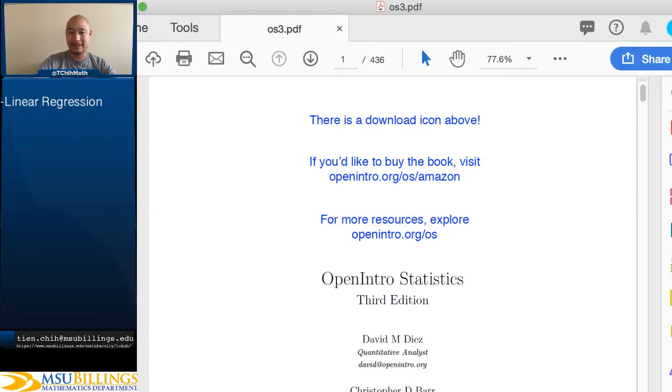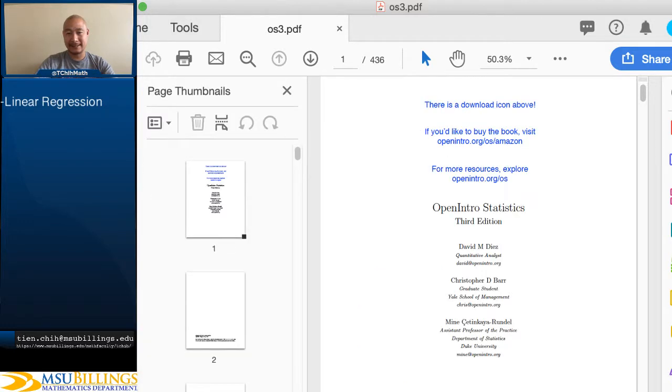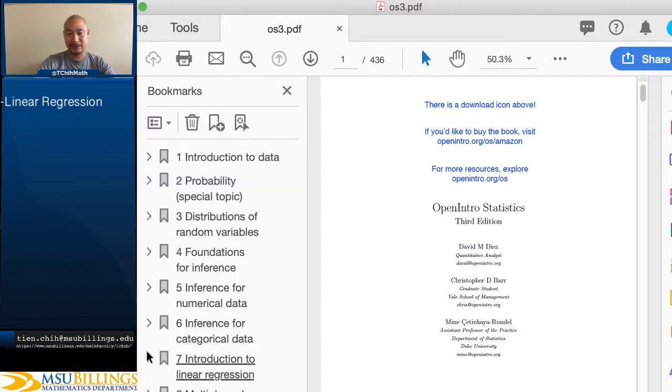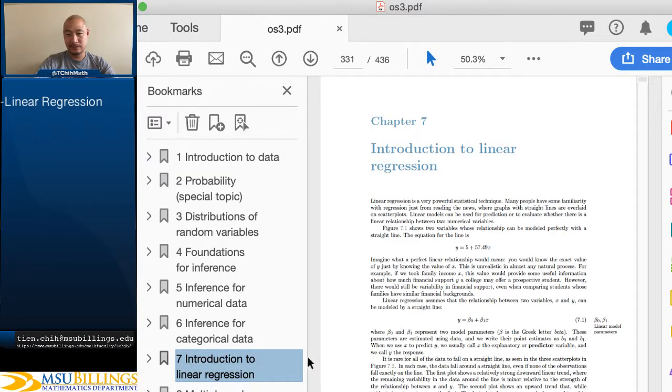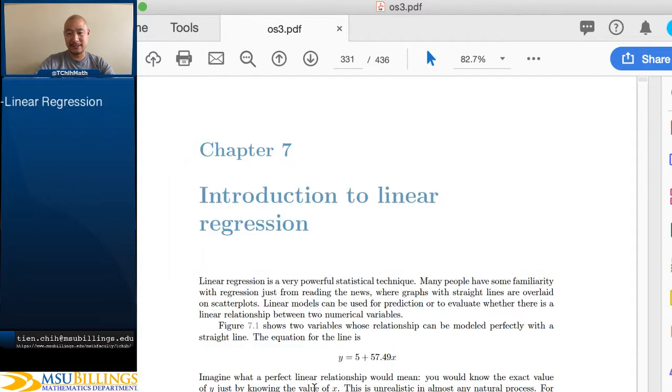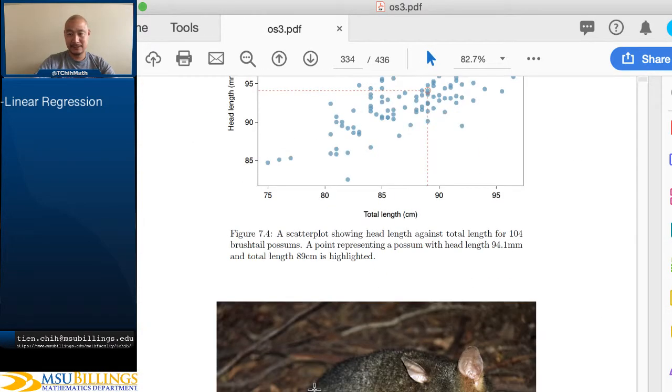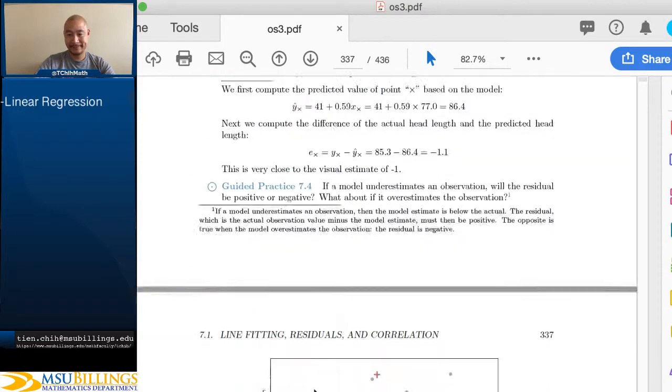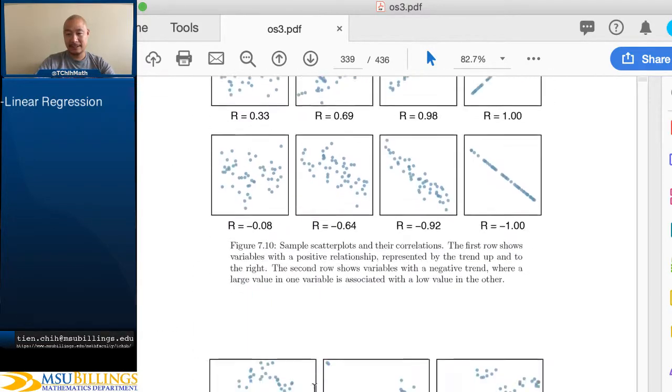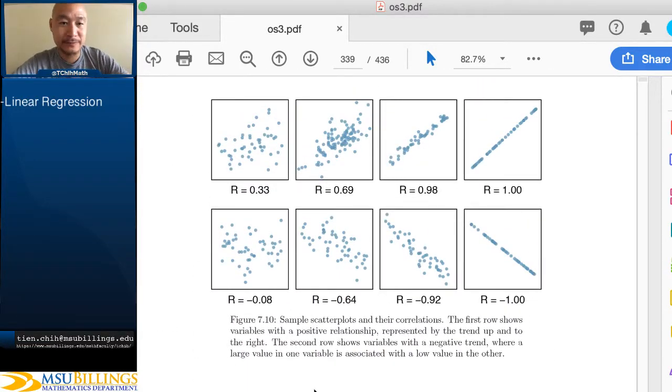Sorry about that. All right, there we go. So I'm just going to go ahead and jump down to where we discussed this in the text, because they're pretty good examples of correlations right here.